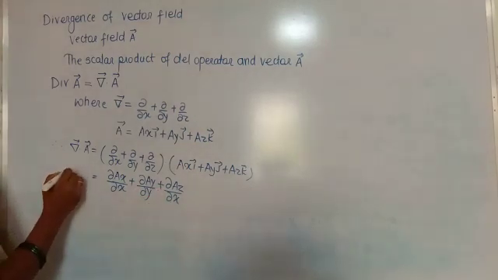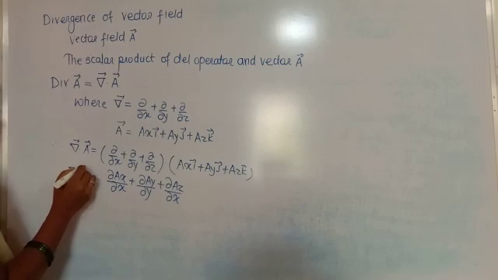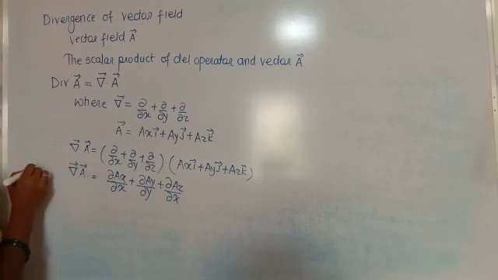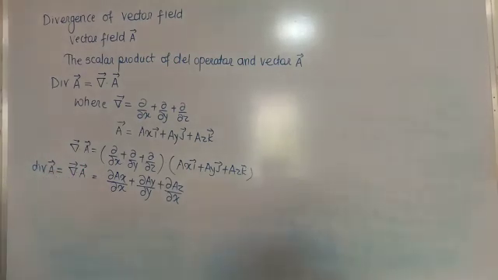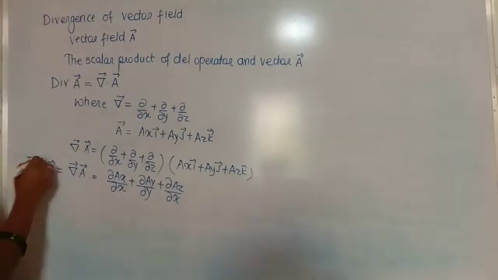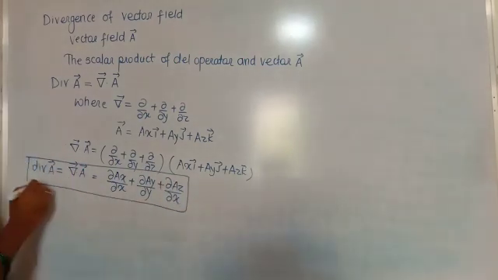So this is the dot product of the operator and the vector, and it is known as the divergence of vector A.